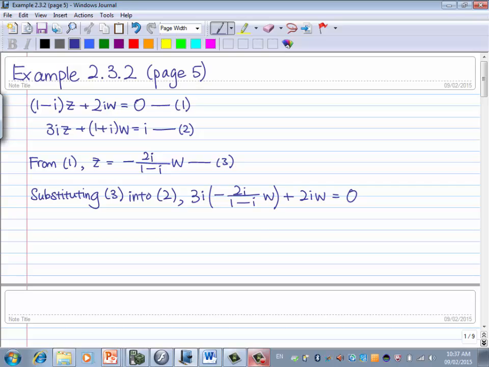From here, let us simplify. What I'm going to do now is get rid of the negative 1 on both sides. So I will have, let me push it to the denominator.